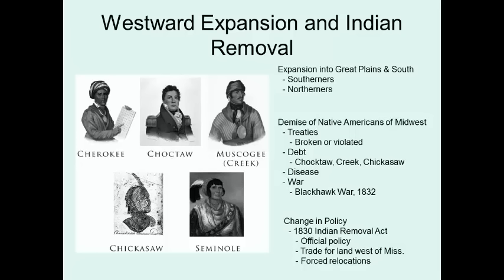Southerners are usually moving west to find land where they can grow cotton. They're moving into Alabama, Mississippi, Arkansas, and increasingly, Mexican Texas. And while they're moving, of course, they're taking their slaves and their cotton with them.